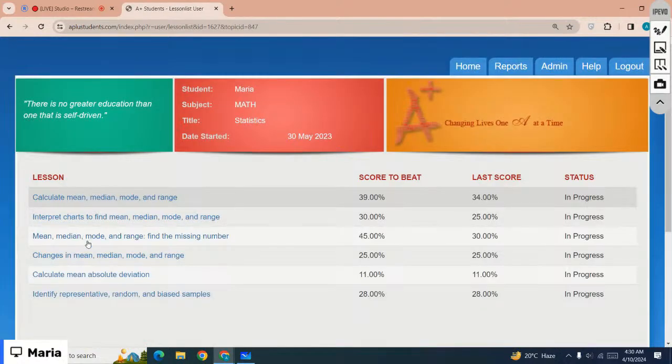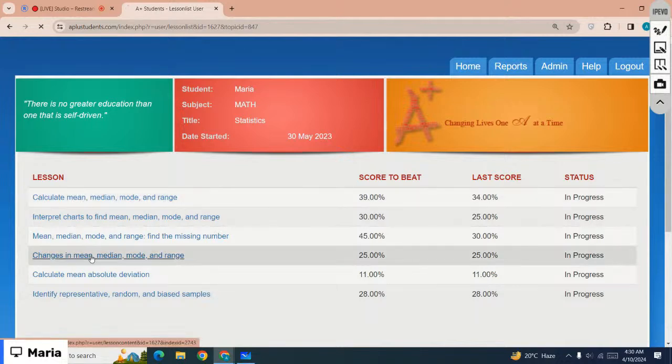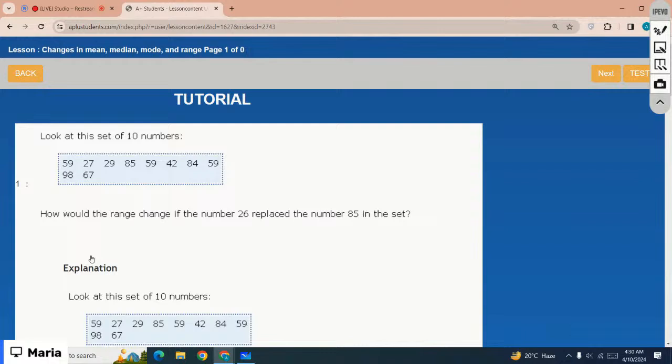The next lesson is changes in mean, median, mode and range. Look at the set of 10 numbers. How would the range change if the number 26 is replaced by the number 85 in the set?